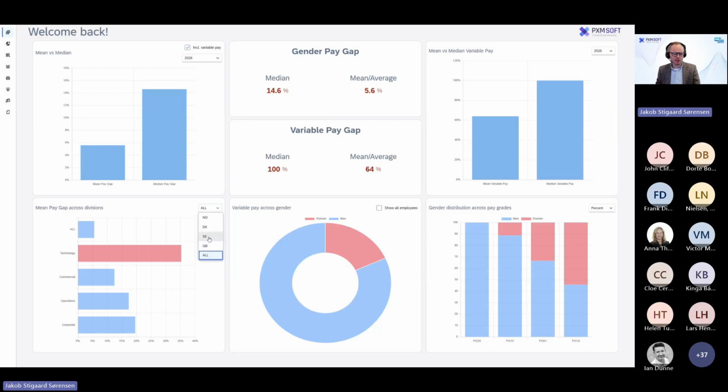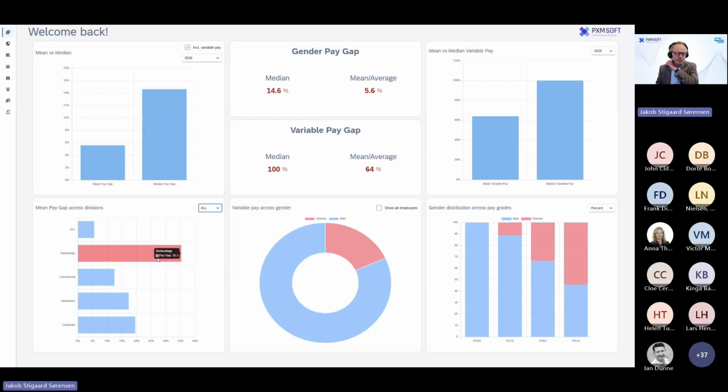So if you want to see the scenario from a Swedish perspective, or if you want to see it from a Danish perspective, this is the data that we have in our system, but obviously this would reflect the data that you have in your system. If you have this pink color, it means that you have pay equity where women are the high earners, and the blue indicates the men are the high earners.